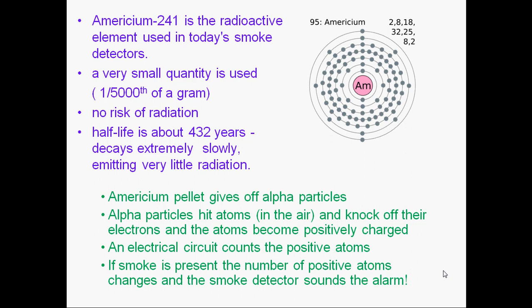But as soon as smoke enters the case, it becomes very different, and our alpha particles interact differently with smoke than with ordinary air. That change in the number of positively charged ions triggers an alert for the smoke detector, and it beeps, and everything's all great, and your life is saved.